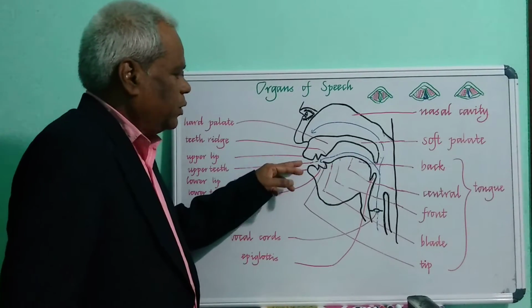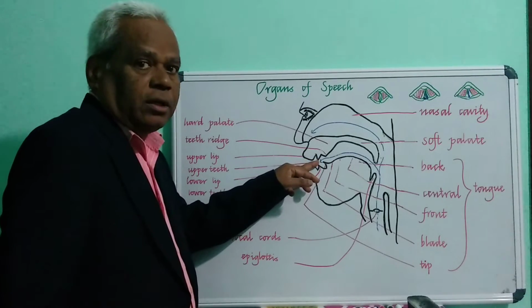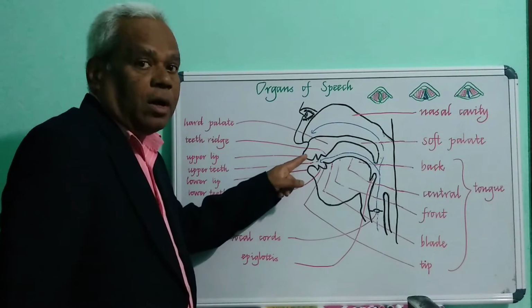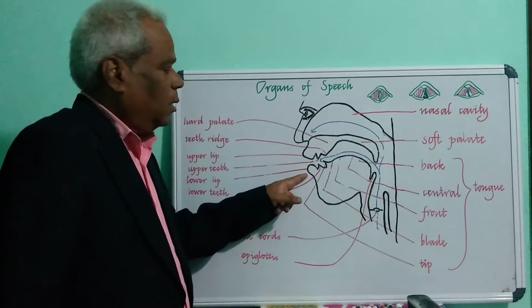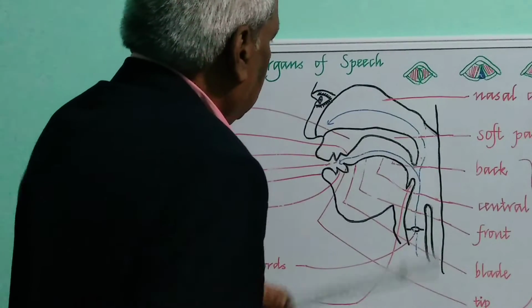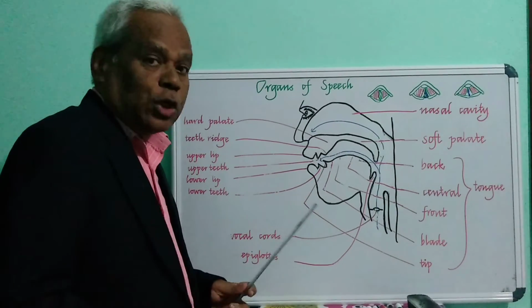Now, for some sounds we use the upper teeth. For some sounds we use the two lips, upper lip and the lower lip. The nasal cavity serves as a resonator.